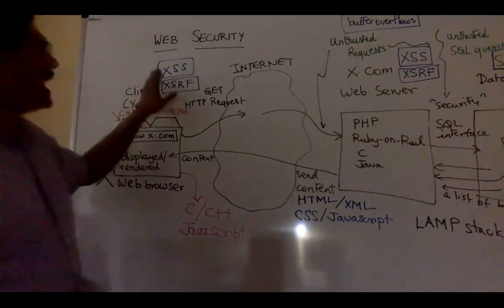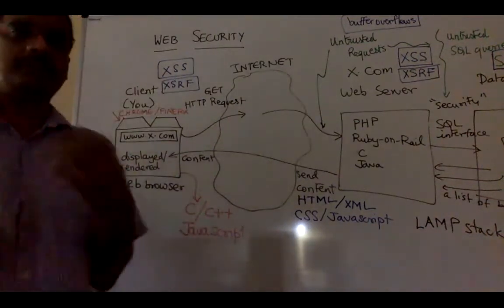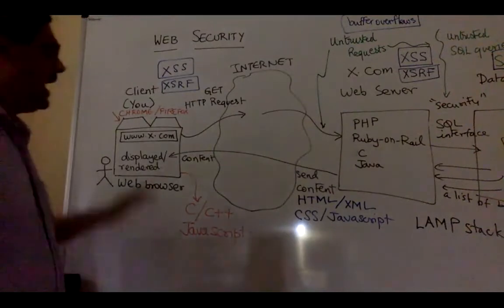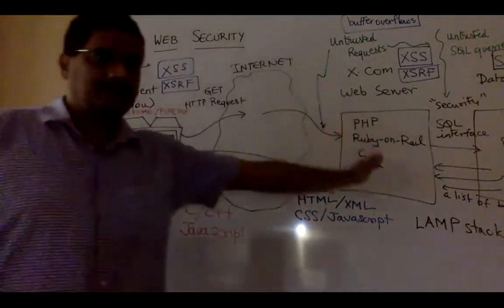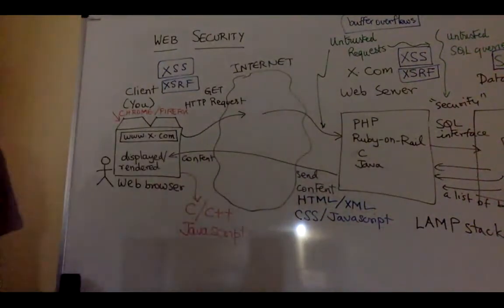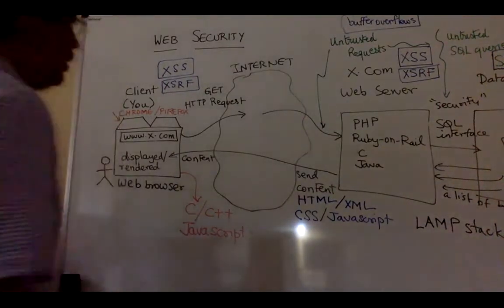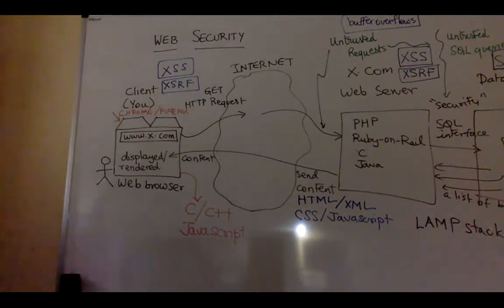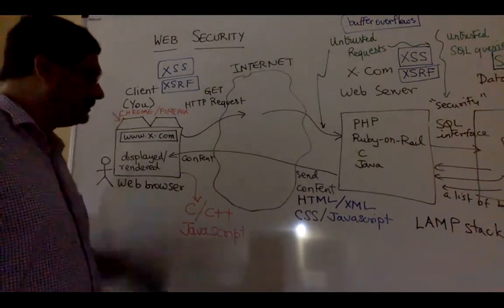And so I would categorize cross-site scripting as well as cross-site request forgery, which we will look at in much detail, as attacks that cross over between the web server as well as the web browser. All right. So that is, in some sense, the domain of web security.